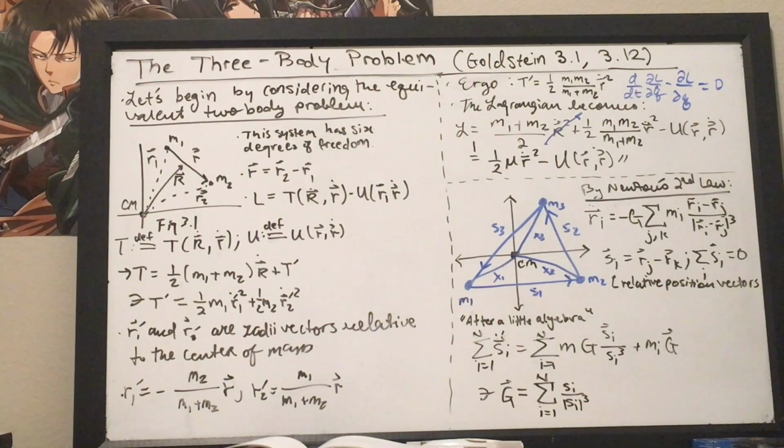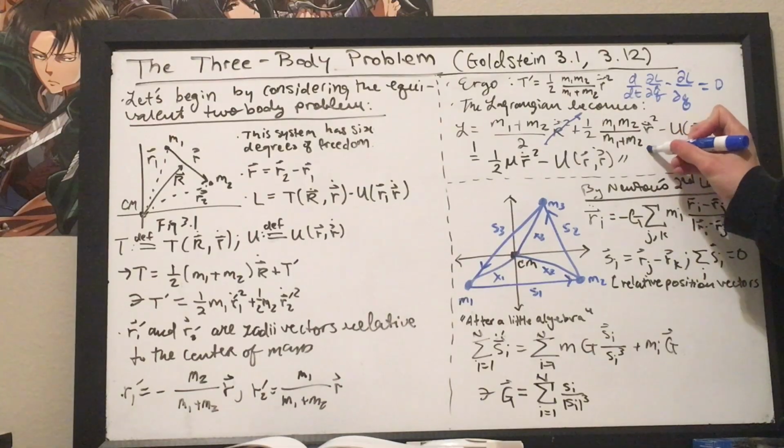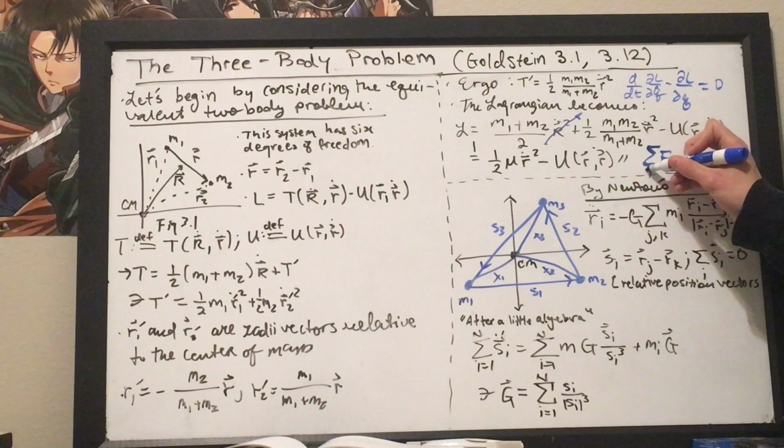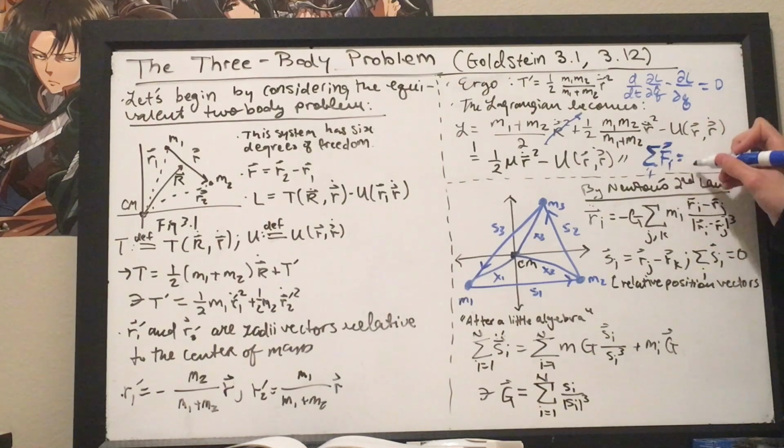So if we remember Newton's second law, if we look at it from a physics 1 perspective here, we get that the summation of our forces, Fi vector, is just equal to 0 normally, or more specifically, mass times acceleration, F equals ma.